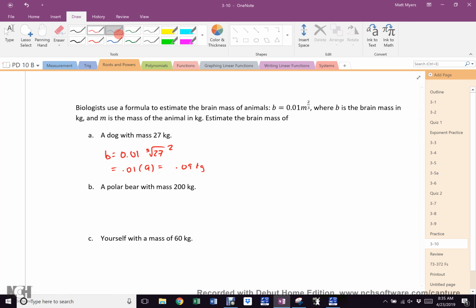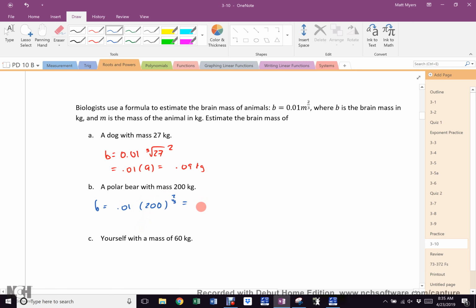How are we going to do B? What's B going to look like? Am I going to bother with putting this in radical form? Why not? Because it's not a perfect cube. So for this one, we're just going to leave it in regular form to the 2/3. And we're going to punch that in. What do you do first? Most of your calculators can figure that out, right? You punch in as you see it.